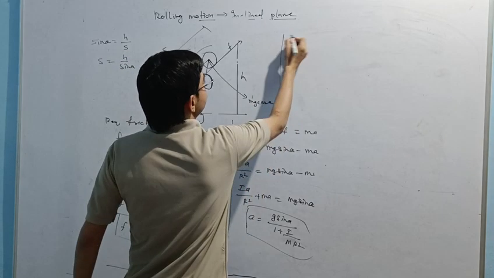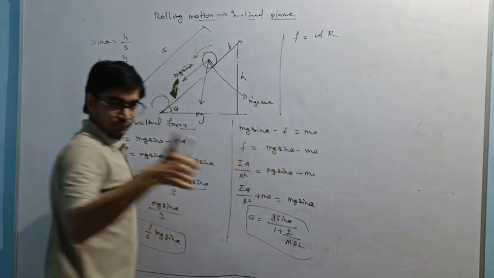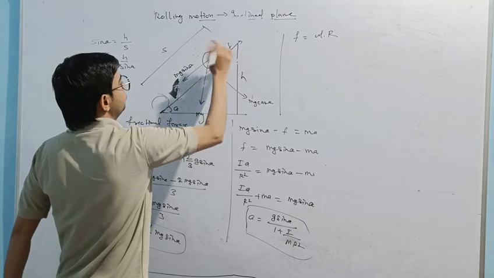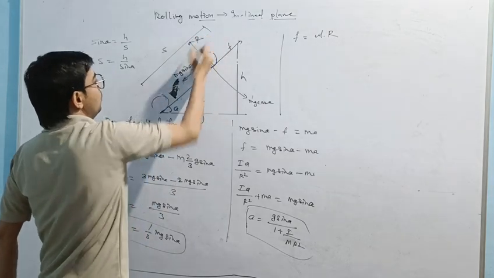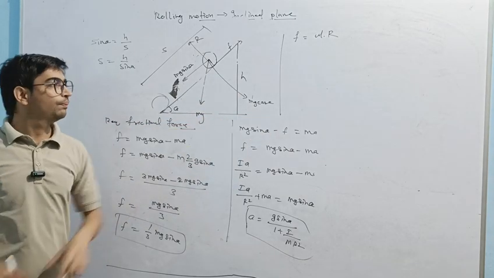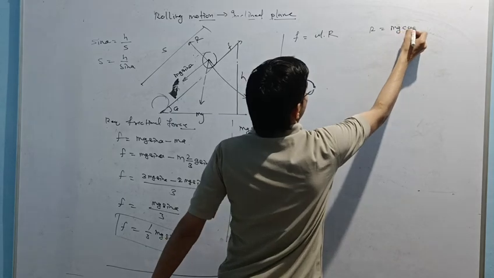We know very well F equal to mu into R. All right. R is actually this one. This is R, normal reaction. Normal reaction is just opposite to mg cos theta. So we can say here R equal to mg cos theta.